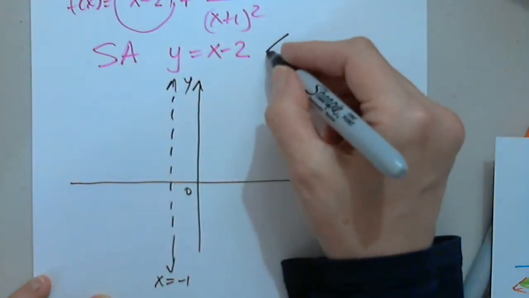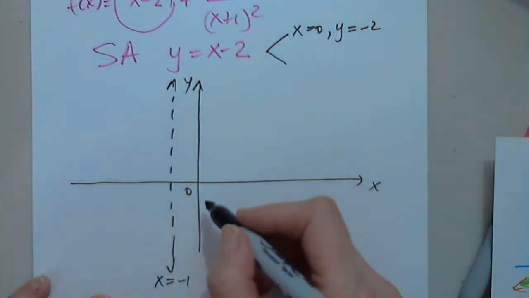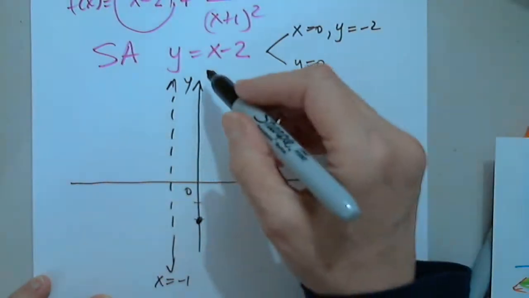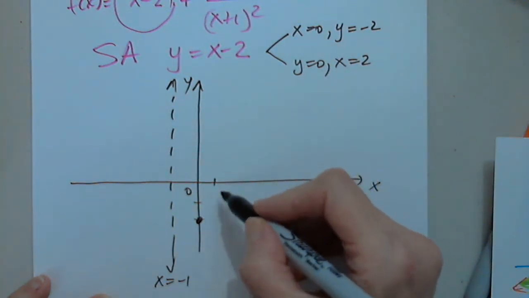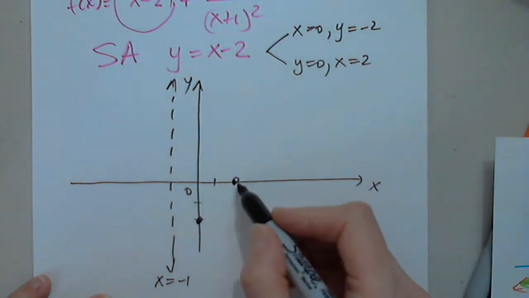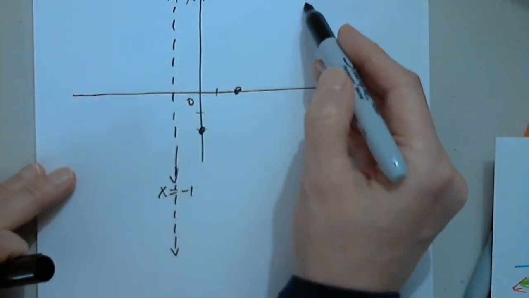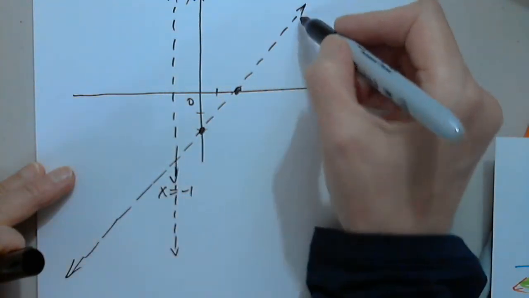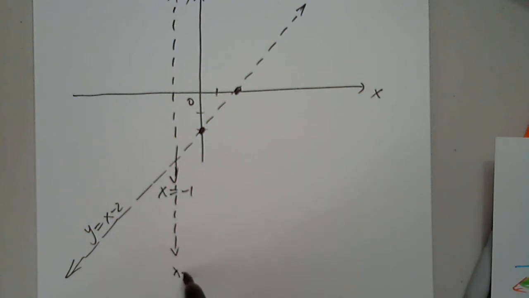Remember how to determine 2 points here: when x is 0, y is negative 2. So 0, negative 2. When y is 0, x is 2. So I have to extend, just to make sure. Maybe I don't need it, but I think I do. So y equals x minus 2. So I'm going to write it lower.